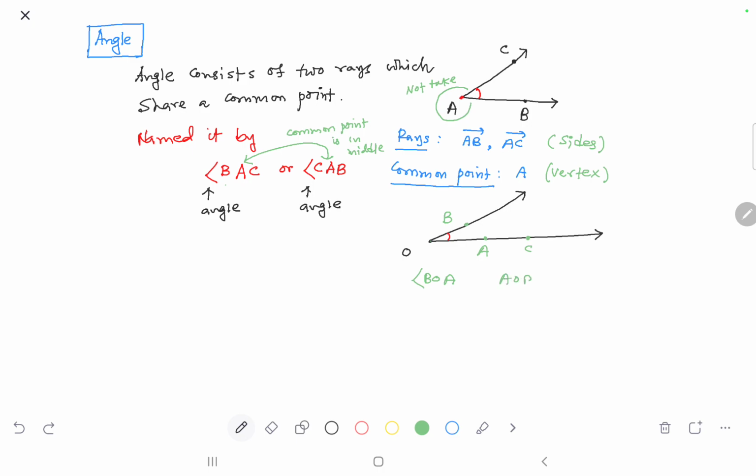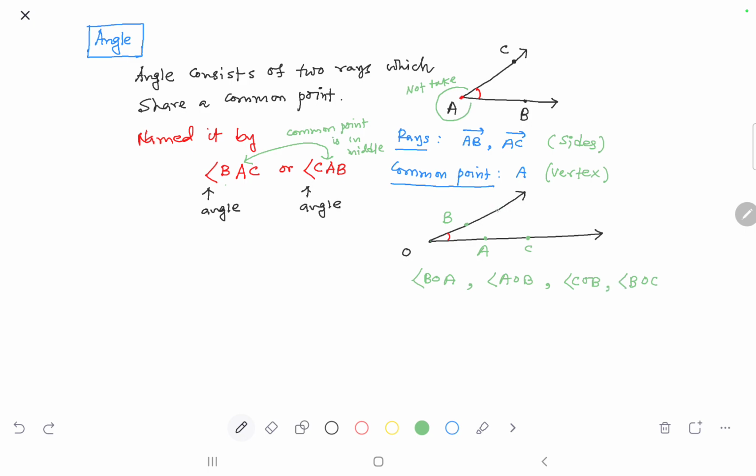All right. One more name. Can you give the same angle? COB. Yes. All right. Same angle. One more name. BOC. Right. Yeah, that way you can give the name.